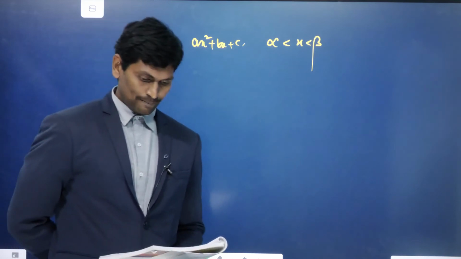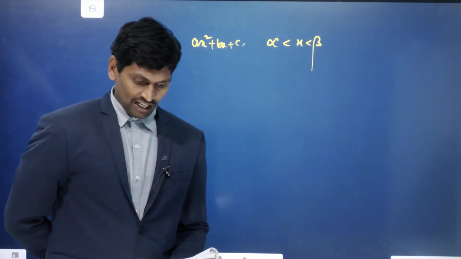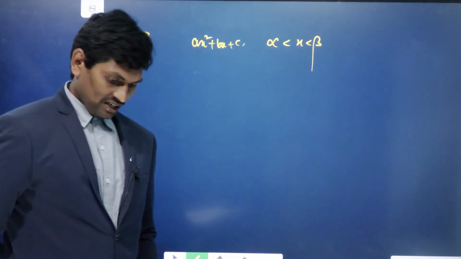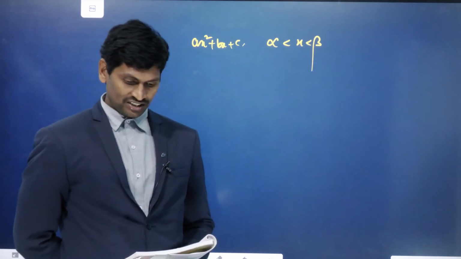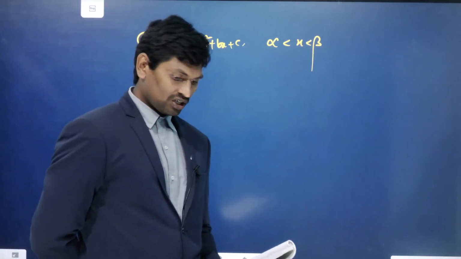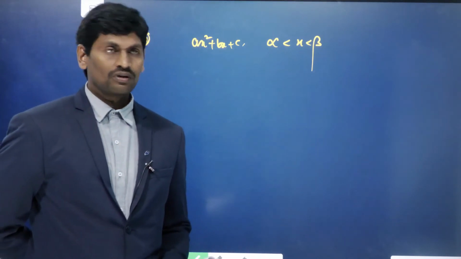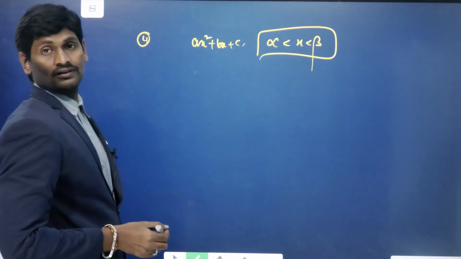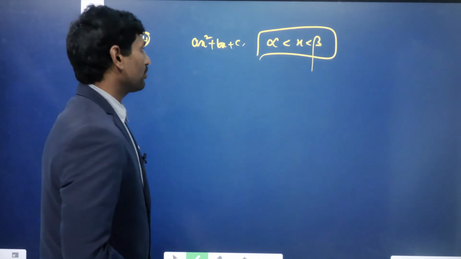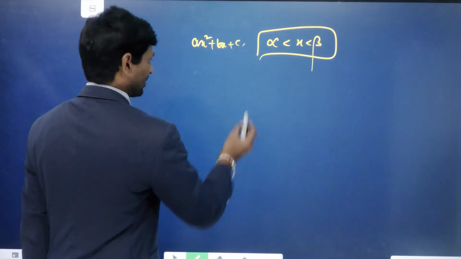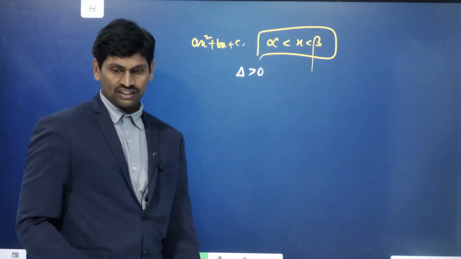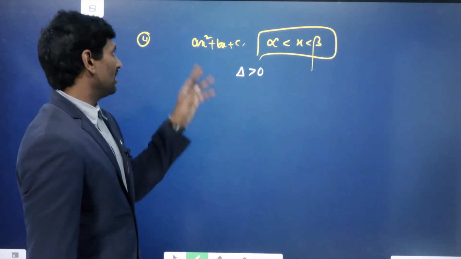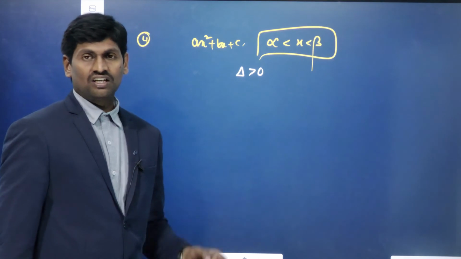The answers are: alpha less than x less than beta; second, x less than alpha, x greater than beta; third, for all x belongs to R delta less than 0; fourth, delta greater than 0 for all x belongs to R. This condition is given for delta greater than 0, and ax square plus bx plus c is greater than 0.